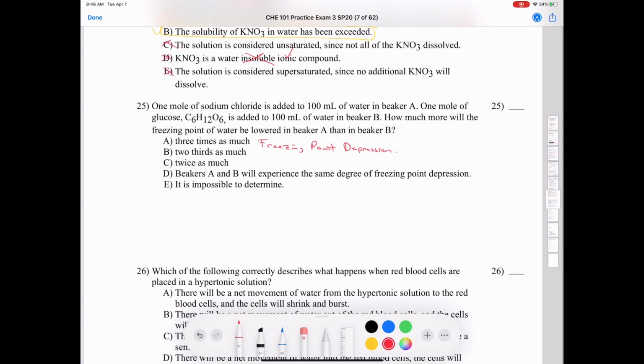The formula we use for that is delta Tf, the change in the freezing point, equals i times the proportionality constant Kf times the molality. But what we're concerned with here is i, because i is the number of particles.